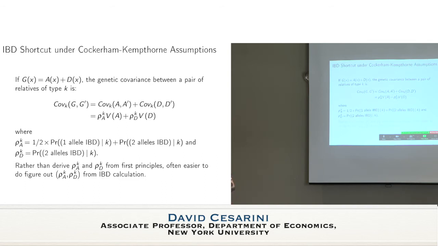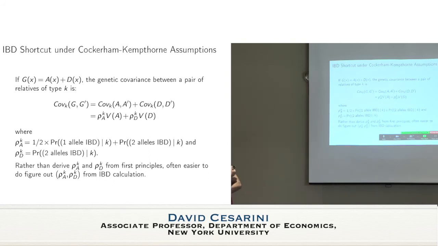But the formula is completely general, so it works just fine. For a relative of type K, you can calculate the share of the additive genetic variance as half times the probability of sharing one allele IBD, given that I'm of type K, plus the probability of sharing 2 alleles IBD. For dominance, it's just the probability of sharing 2 alleles IBD.